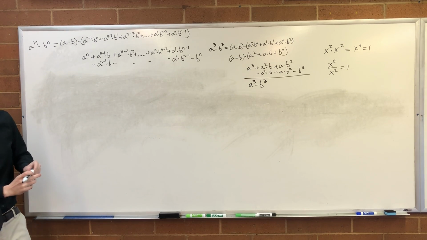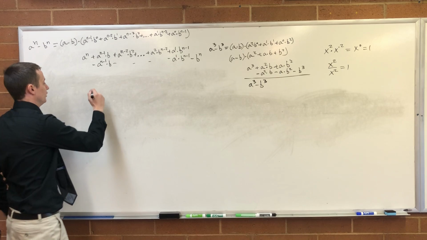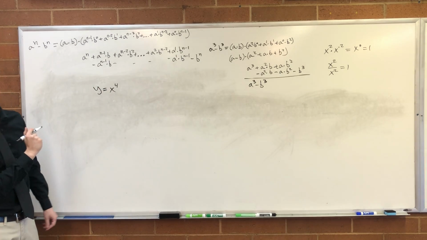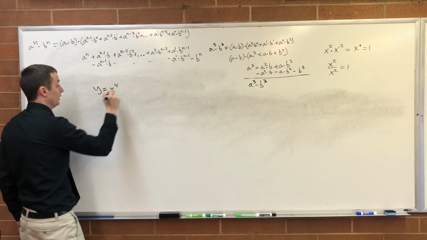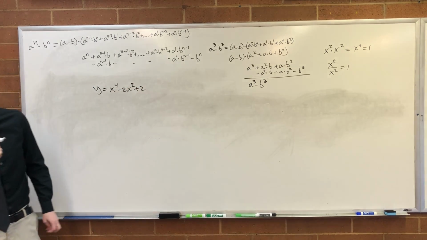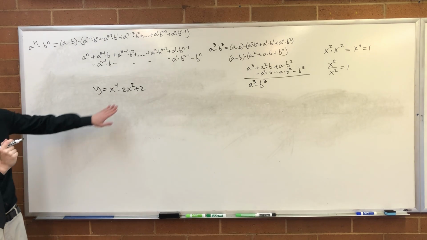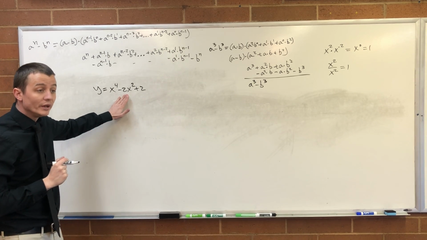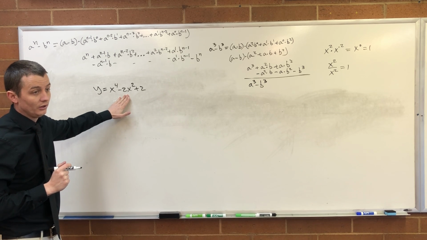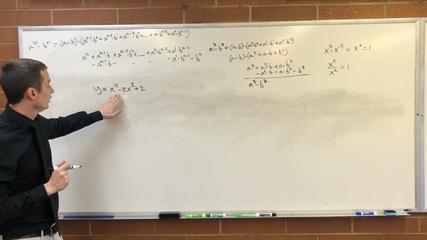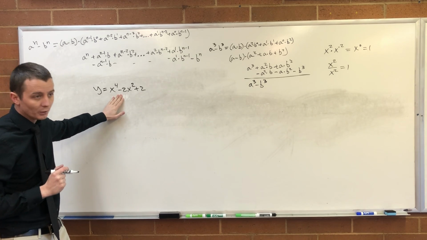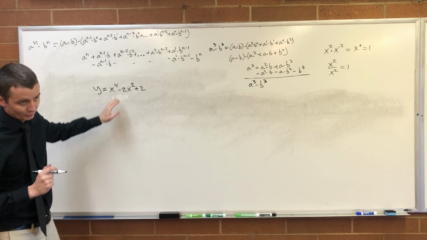So the next example is: does the curve y equals x to the 4 minus 2x squared plus 2 have any points with tangent slope 0? Where is there anywhere where the slope of this function is 0? That's the question we want to answer.